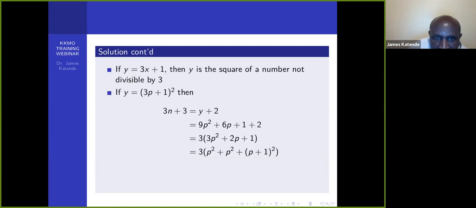So if you pick y to be 3p, it means y is the square of a number which is not divisible by 3, and that means you can write it as 3p plus 1, right? It should be a number that's not divisible by 3, either 3p plus 1 or 3p plus 2. So we first consider the case where it is the square of a number of the form 3p plus 1, right?